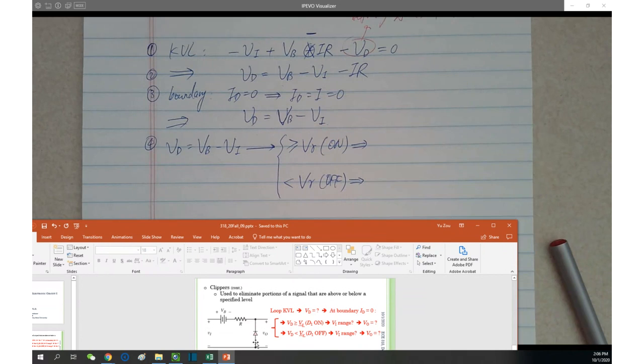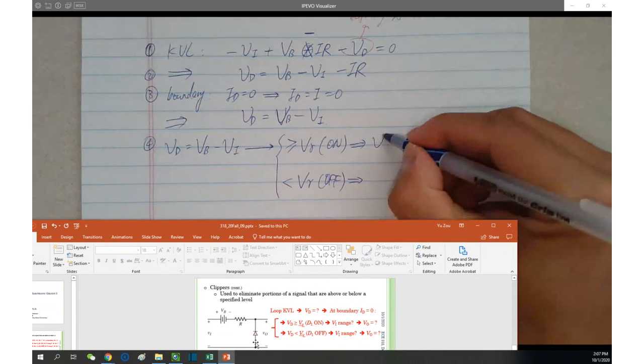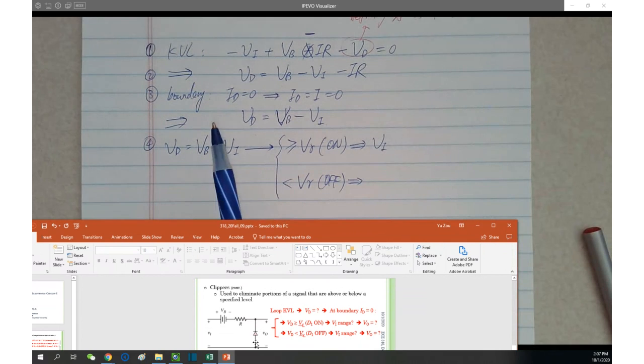What's next? Deriving what? Find range, right? Which means deriving whom? VI, here we go. So basically, VB minus VI is greater or equal than V gamma. The VI means what?